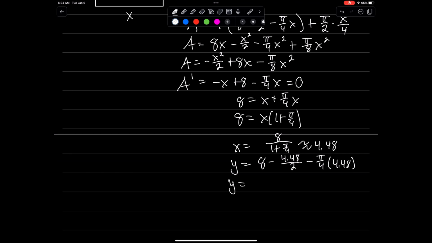So we have 8 minus x over 2 minus pi over 4 times x, and that gets me about 2.24. So our dimensions are 4.48 by 2.24 feet. And that's it.